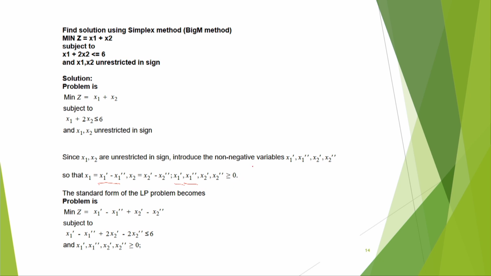So, you enforce that it is greater than or equal to 0 in the LP problem, to make it like a standard LP problem. And so, a negative number is the difference of two positive numbers. So, the standard form of the LP problem becomes minimize z this much and subject to this thing like that.